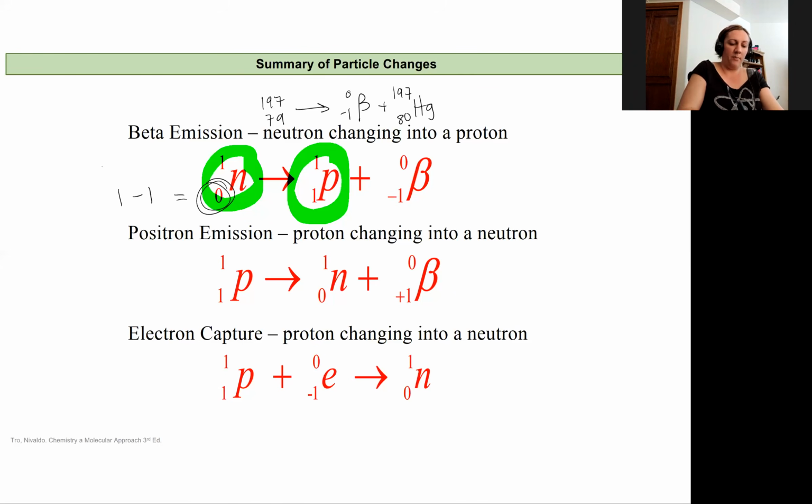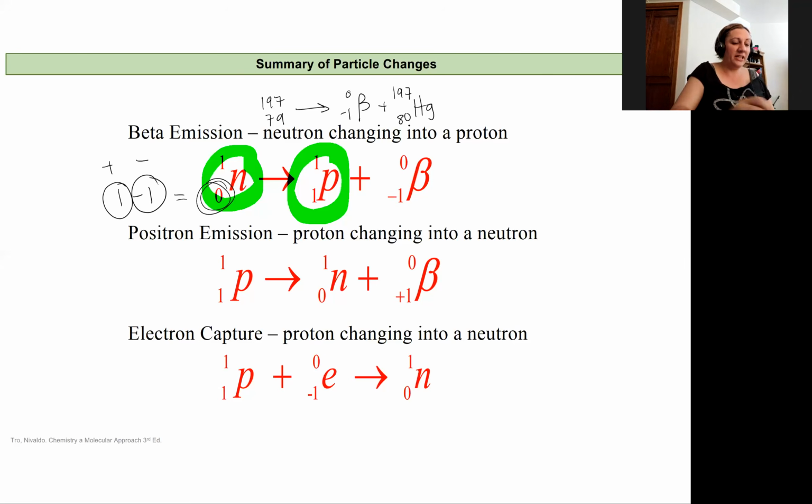And so I can have a positive charge and a negative charge. And so that neutral charge essentially splits, and something with no mass but a negative charge goes flying out of the nucleus, and that neutron has transformed itself into a proton. And I personally think this is one of those fun things in chemistry that you get to think about, and you're like, wow, that's actually a really weird thing that nature does.